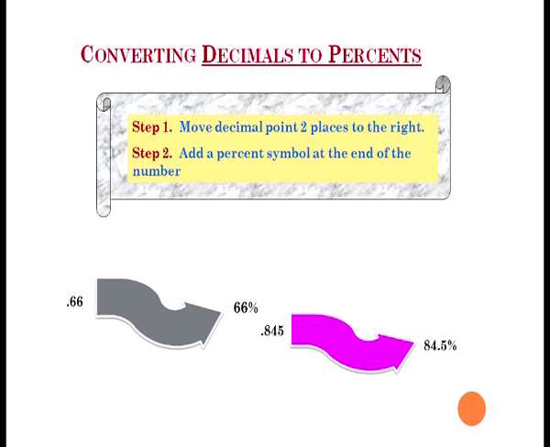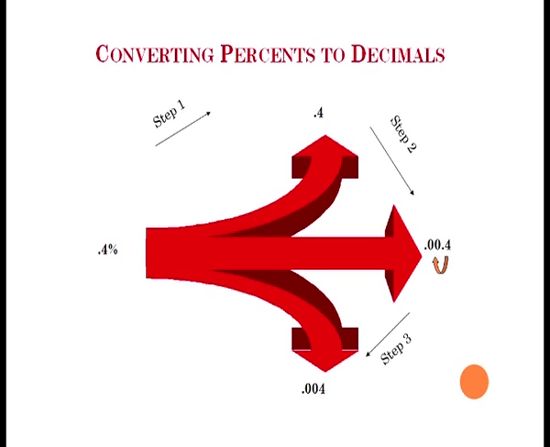Similarly, 0.845: when we convert it to percent, we move the decimal point 2 places to the right and we get 84.5%. Now follow the steps involved in converting percent to decimal.